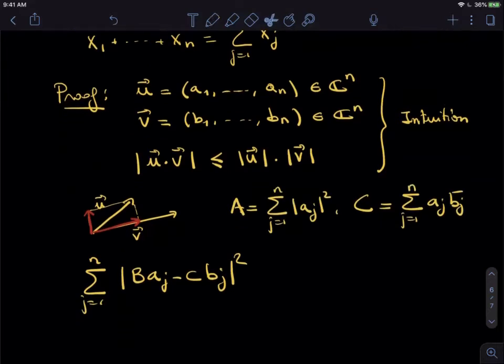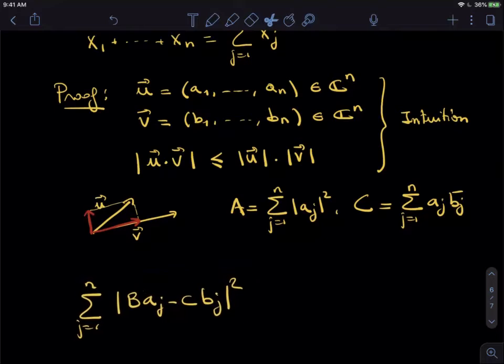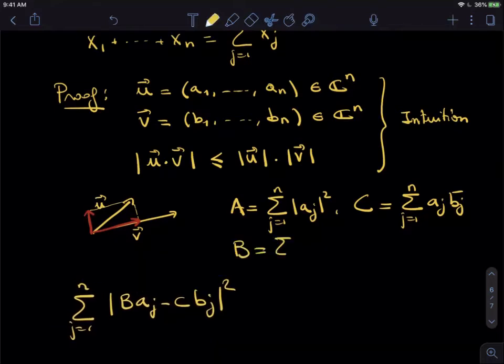We will also need capital B, which is the sum of the modulus of b_j squared. So these three quantities we need.